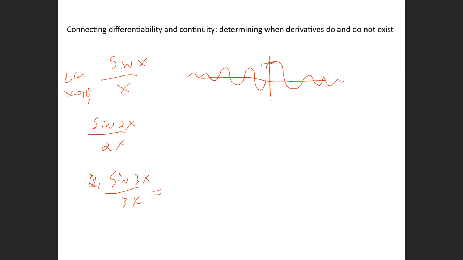Now for this function, I don't know what the equation is anymore. The sine of 4x. So you have the limit as x approaches 0 of the sine of 4x over 2x squared minus 10x.